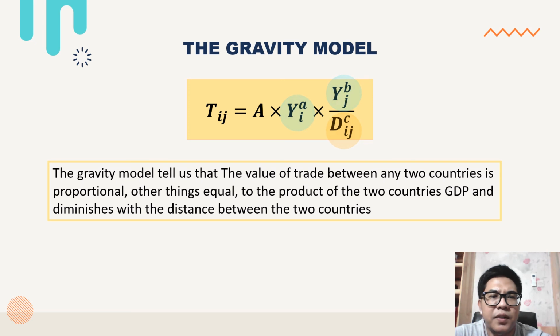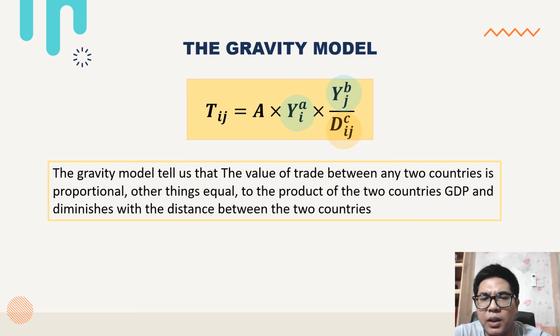It also tells us that when our economy gets bigger, other countries want to trade with us, which will also increase our value of trade. And third, as the distance between two countries gets further, the value of transactions will be lower.